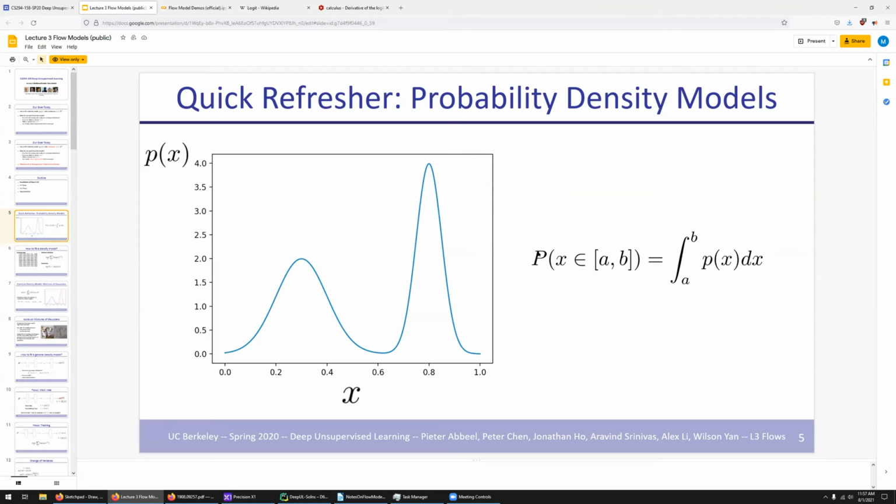But if we say P of X, that means, let's say this X is 0.4, we're taking some size around it, right? Because in continuous probability, the probability of a single number is 0. You can't ask what's the probability of someone being 6 foot tall. It's always 0, right?